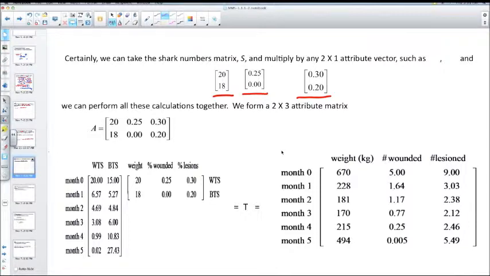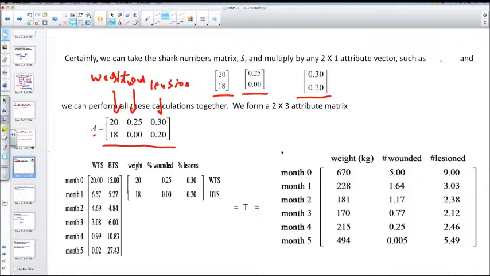So we let A be the matrix recording all the numbers we are concerned with. The first column is the weight of two types of sharks. The second one is the percentage of the wounded. The third one is the percentage of the lesion of the sharks.